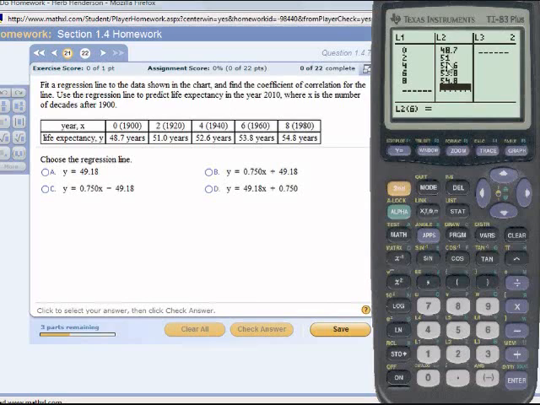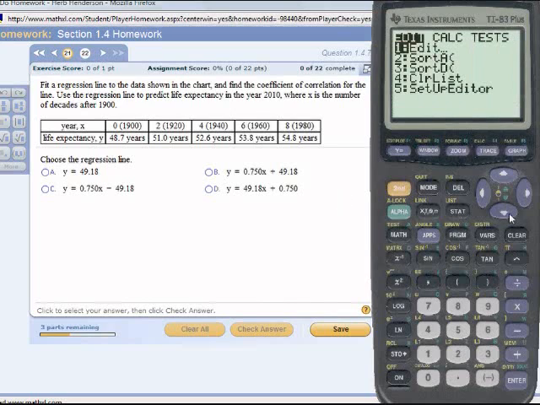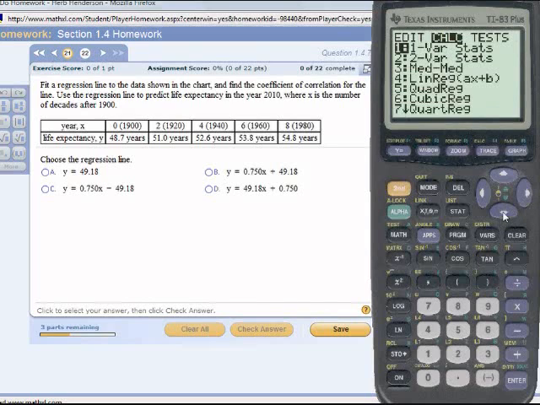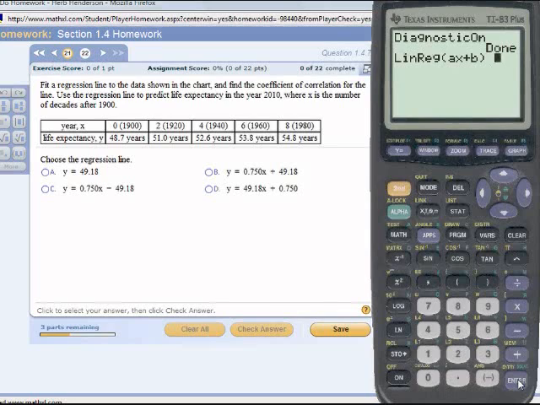So 1, 2, 3, 4, 5. 1, 2, 3, 4, 5. We're set. Stat, Calc. You're always going to be using, at least in chapter 1 here, for regression, for a line, LinReg. You hit enter, and you hit enter again.